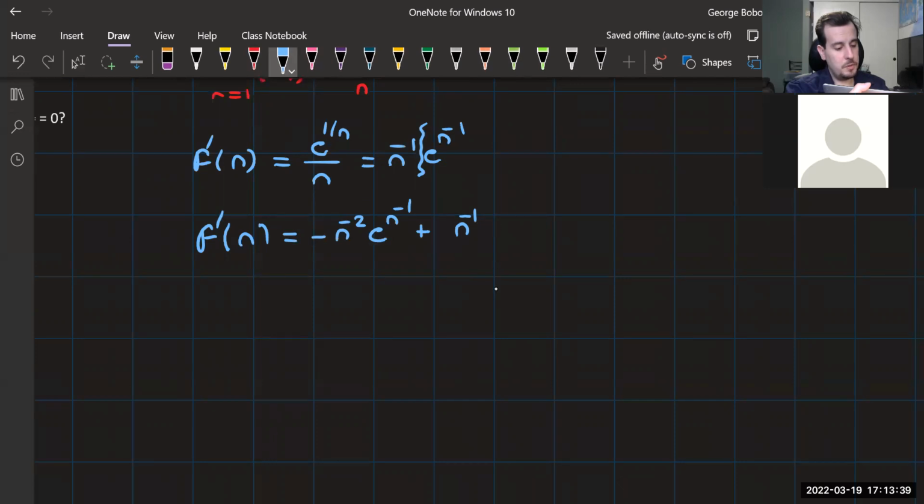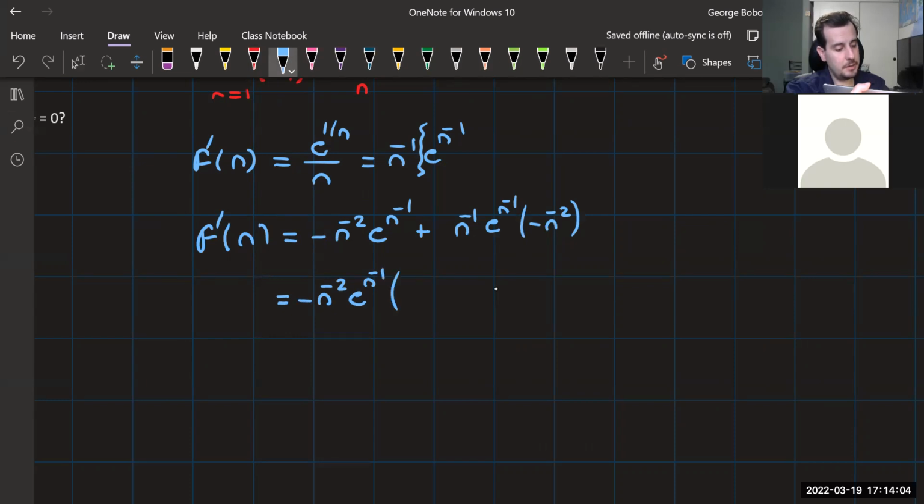Okay, so the e remains unchanged as we take its derivative, right? But then you take the derivative of the inside, and it is a negative n to the -2. So I can factor out negative n to the -2, and also e to the n to the -1.